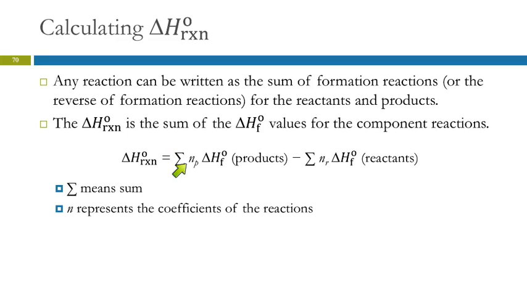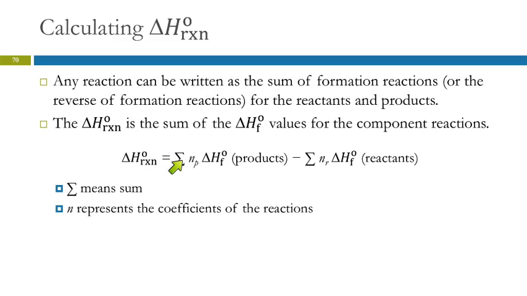So we're going to end up with the coefficient of each product times its heat of formation minus the coefficient of each reactant times its heat of formation. The negative sign here is because all of the components in the reactants, we are imagining we're taking those apart, and so we would have to change the sign. The products are being made, and so those would be the regular heats of formation.